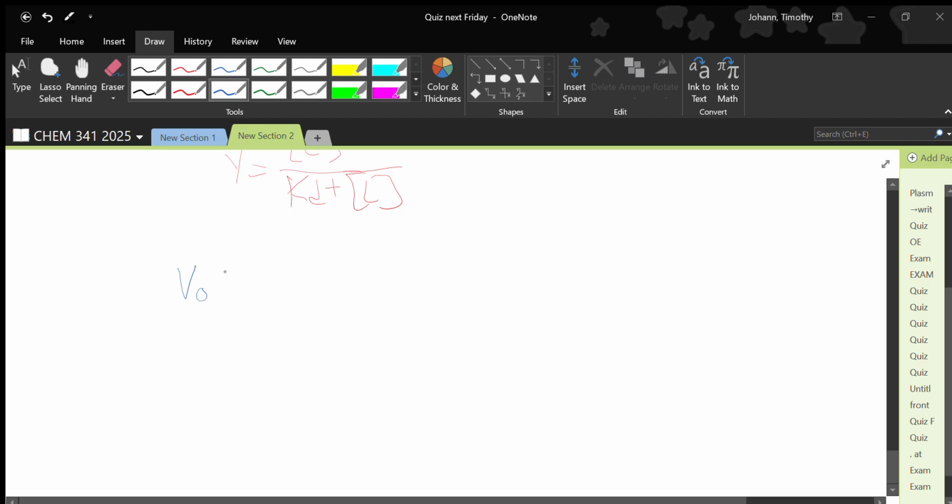But remember, our Michaelis-Menten equation looks like this. Oh, there I did it again. I don't usually do this. All right, what I could do is divide both sides of that equation into one, right?